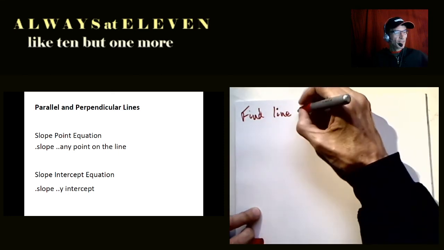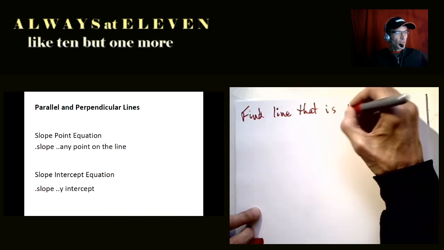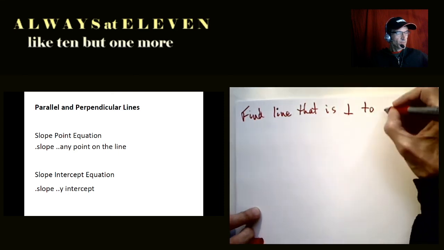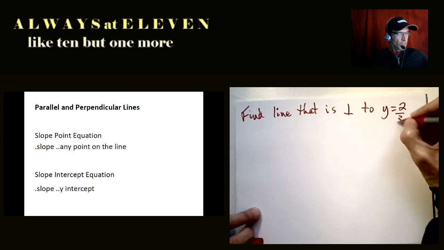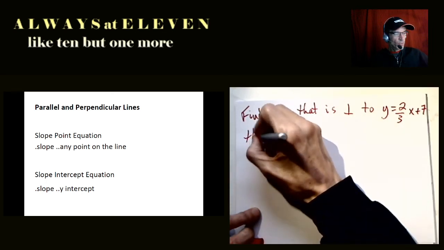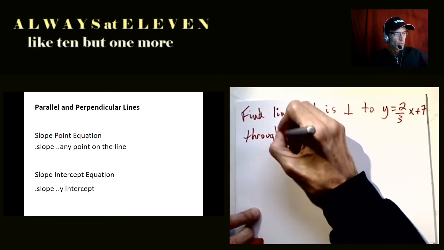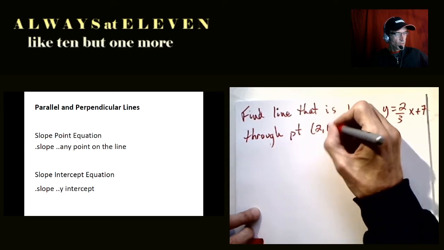Equation of a line that is perpendicular to y equals 2 over 3x plus 7, and through the point 2, 1.